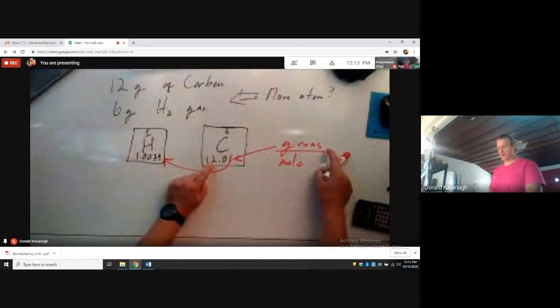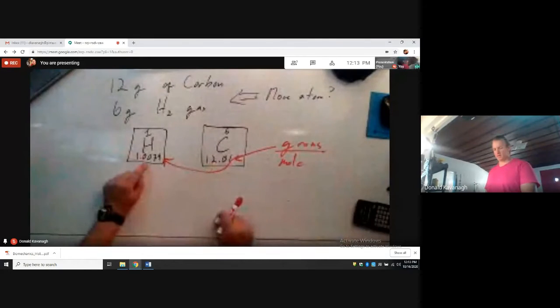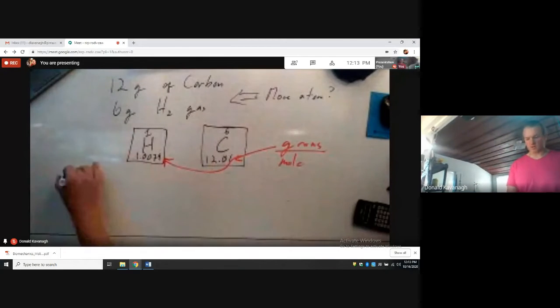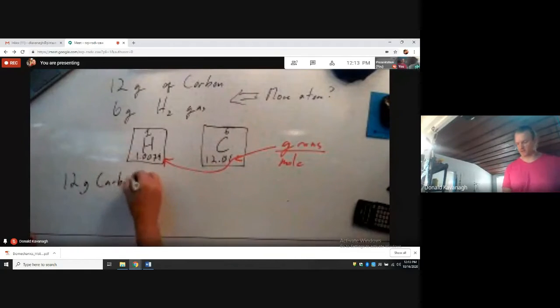If you have 1 gram of hydrogen atoms, then you must have 6.022 times 10 to the 23rd, this quantity. 12 grams of carbon in our scaffold.